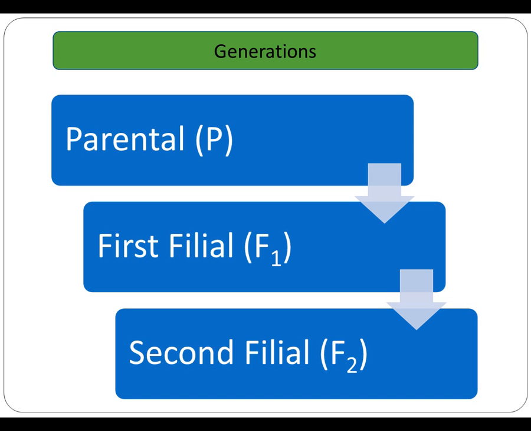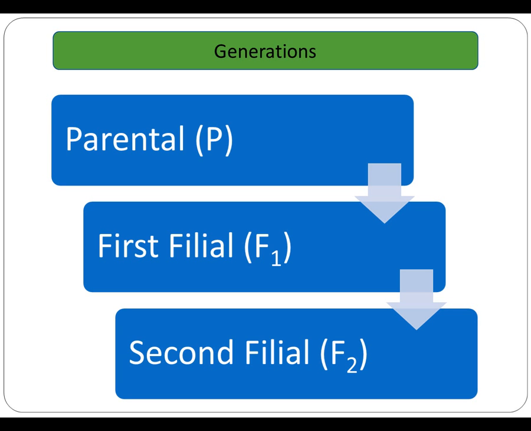So if your grandparents are the parental generation, your parents would be the first filial, and then you would be the second filial, or the F2 generation.